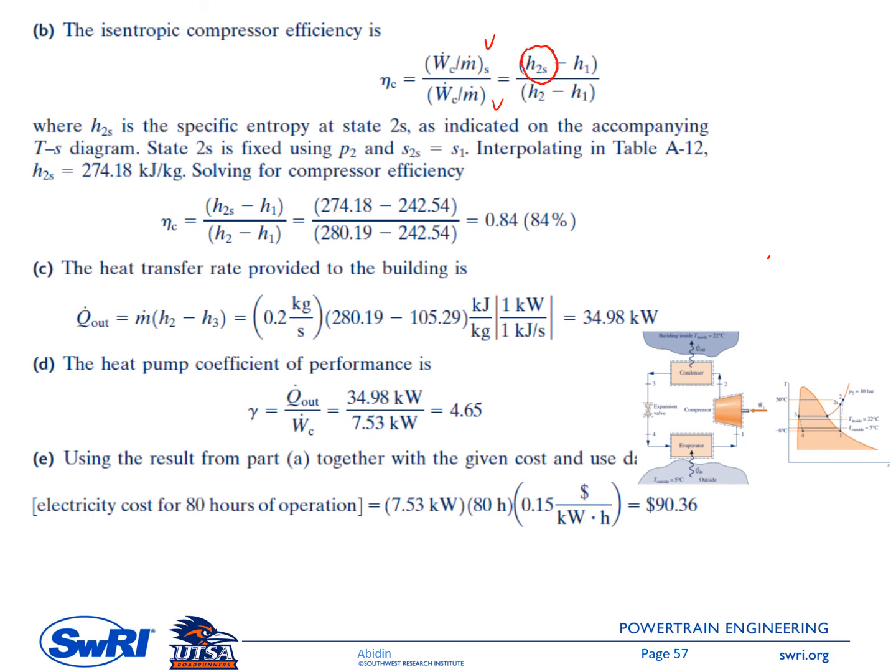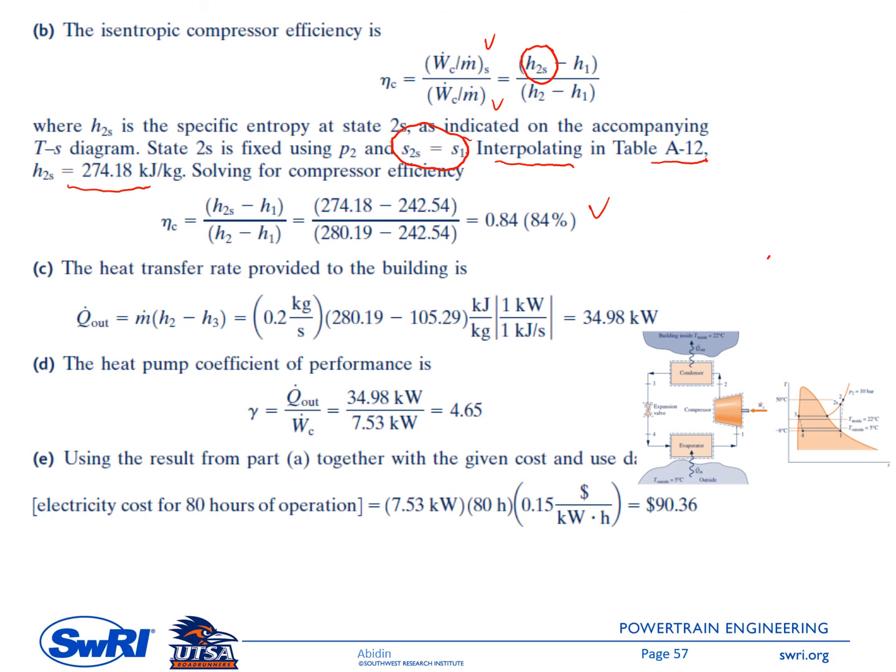So H2s here is estimated based on the information of the entropy, where S2s equals S1 and pressure is 10 bar. So you need to do interpolation using table A12 to get H2s, and you will get H2s of 274.18 kilojoule per kilogram. So you will get compressor efficiency of 84%.